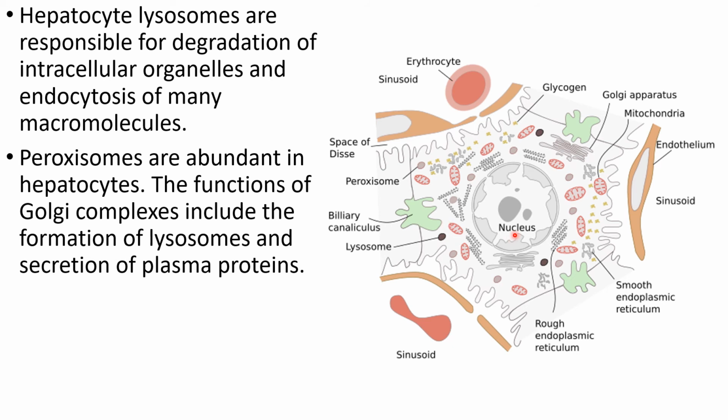Along with these lysosomes, there are also some vesicles called peroxisomes that are present in quite high number in the cytoplasm of the hepatocytes. There are many Golgi complexes as well, and the function of these Golgi complexes is to produce lysosomes and secrete the plasma proteins.